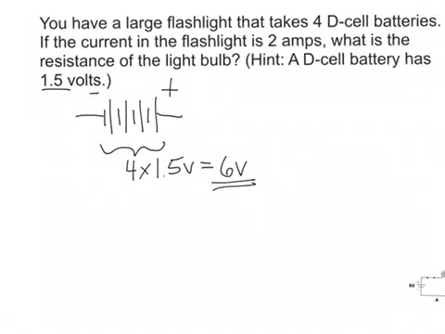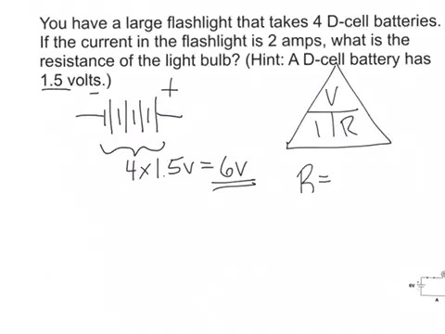And again, we go back to our good old triangle and take a look at Ohm's law. We're looking for resistance, so cover up resistance. There it is. So now the equation reads resistance equals voltage divided by current. Let's write that down. Resistance equals voltage divided by current.